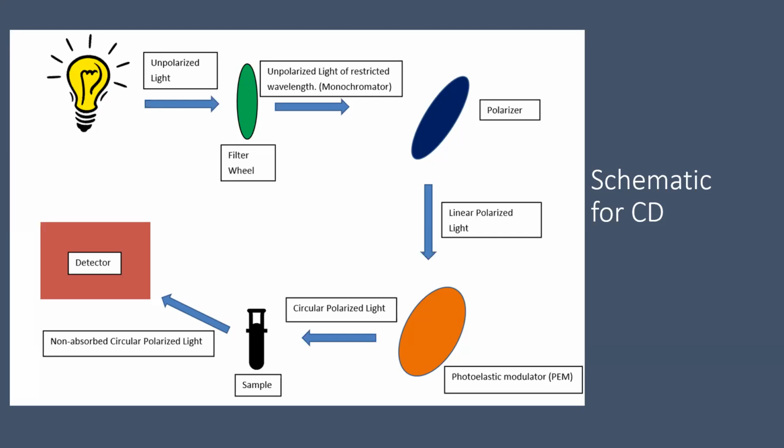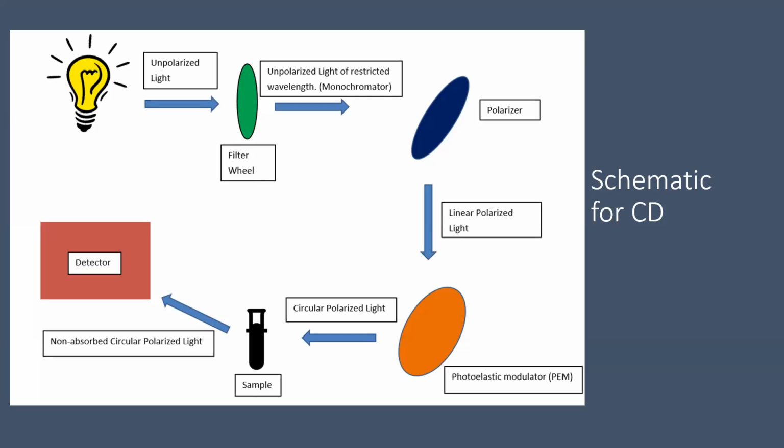Whatever passes through gets to the detector and goes to the computer, and we can analyze the change in absorbances between the two, which can be used to calculate a spectrum to analyze what we're looking at, particularly by looking at representations of previously referenced spectra.